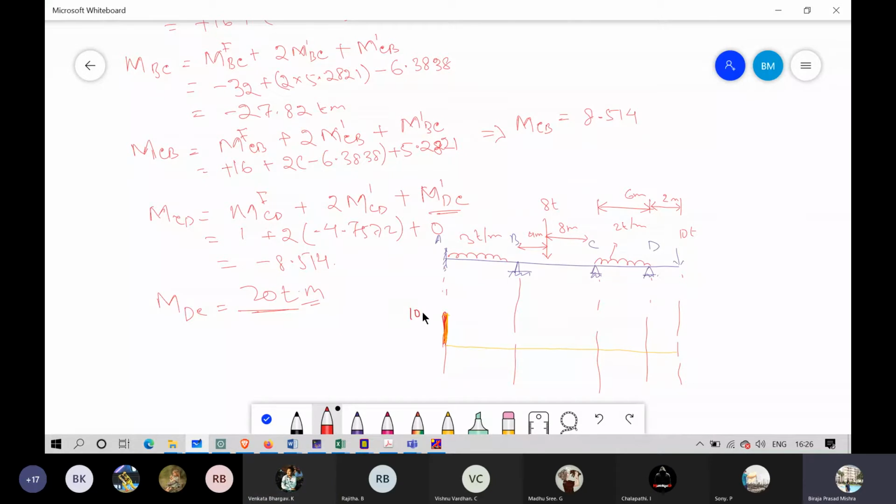So this one is 10.08, and this value is 27.84. Then this one is 8.58. Sorry, this will probably be here because it is around 30 point something.